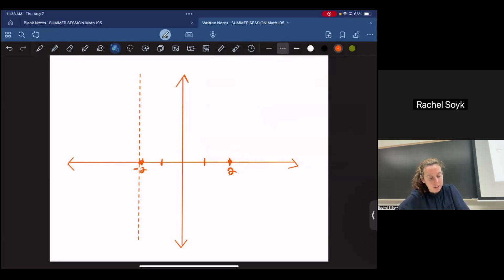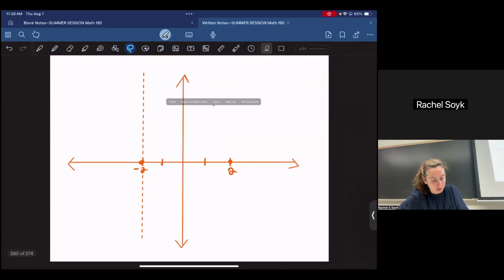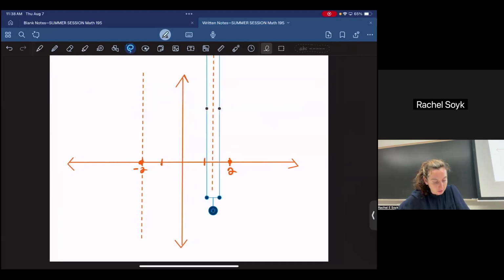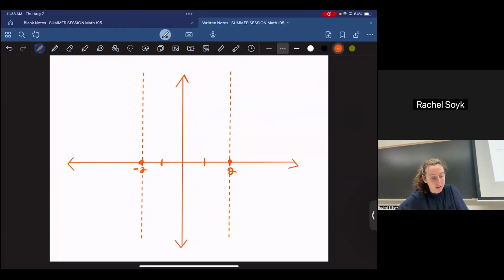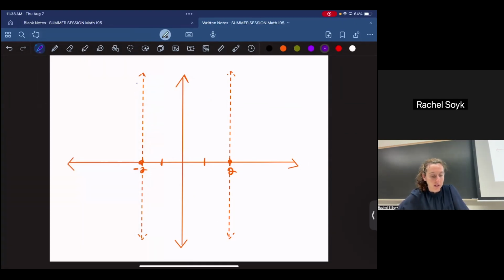Your function itself is never going to hit these points, but you are going to have a function visual between these two points. It's not like all of this doesn't matter. It still matters. But you can have a function that looks something like this.